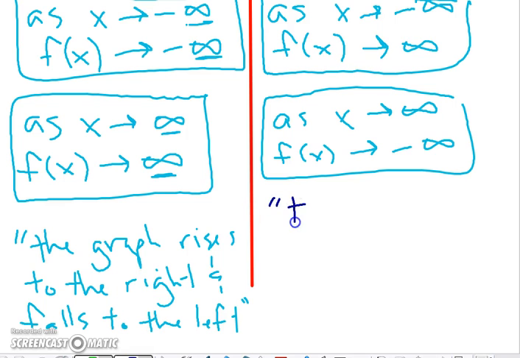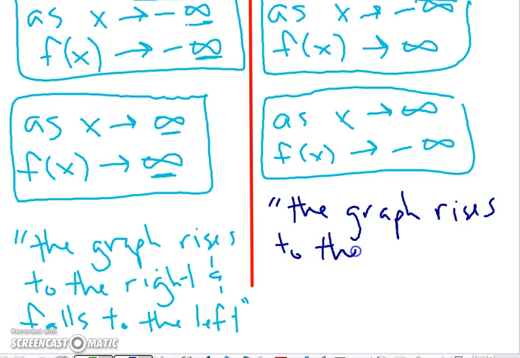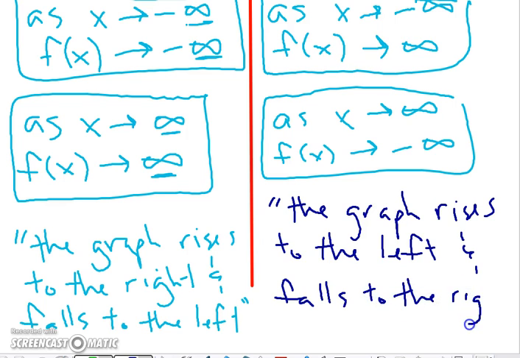So the final statement that we can write is that the graph rises to the left and falls to the right.